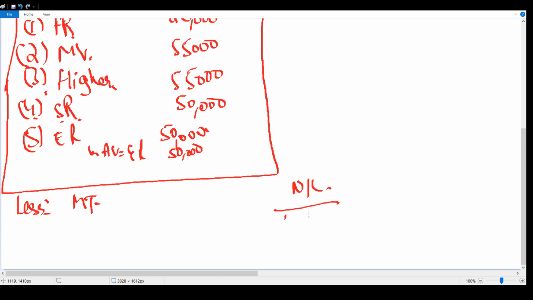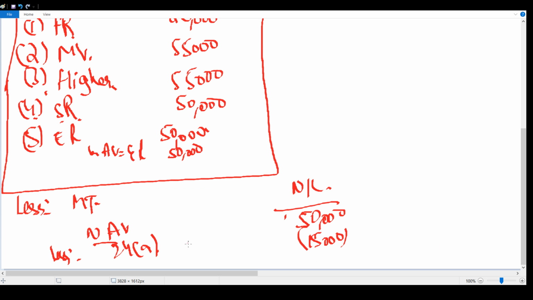NAV would be 50,000, less 24A 30%, amount 15,000. In this case under section 24 subsection B, what would be the amount?